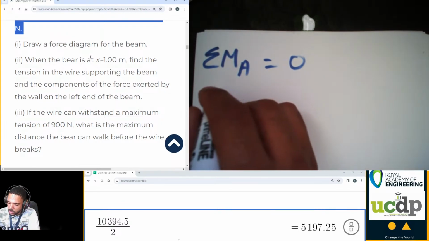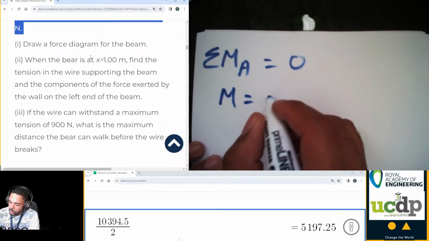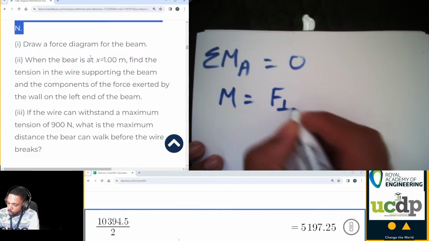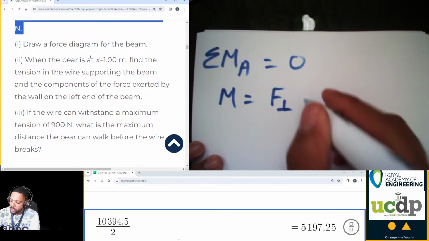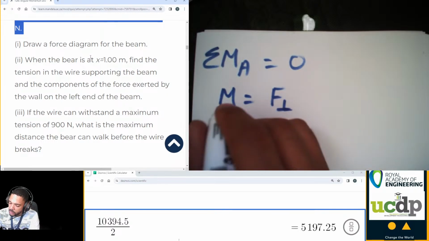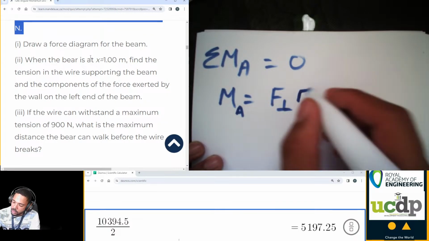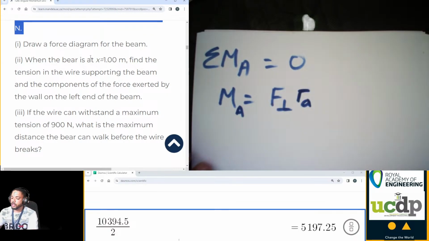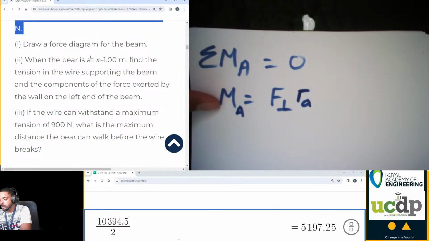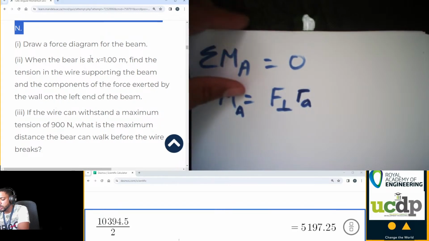Now a moment, we know, is equal to just the perpendicular force, the force acting perpendicular on the beam, multiplied by the distance from point A at which it acts. So the sum of all those moments should be equal to 0.